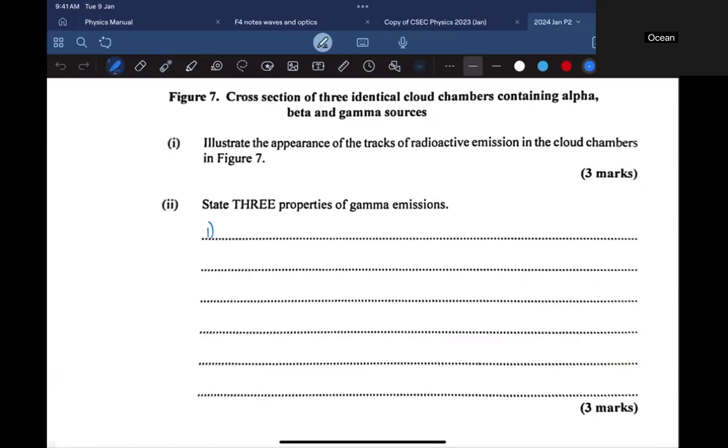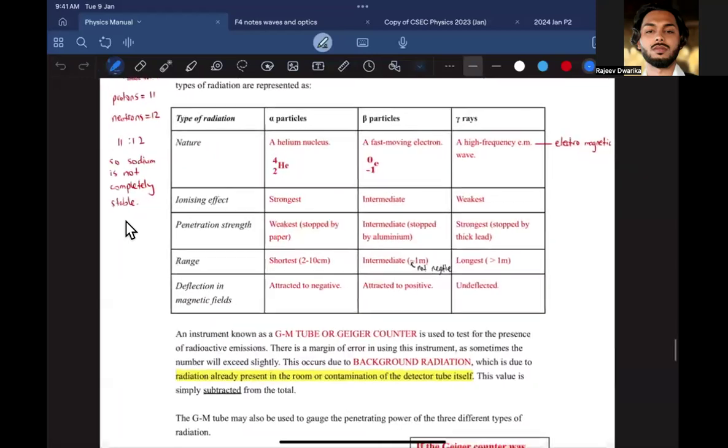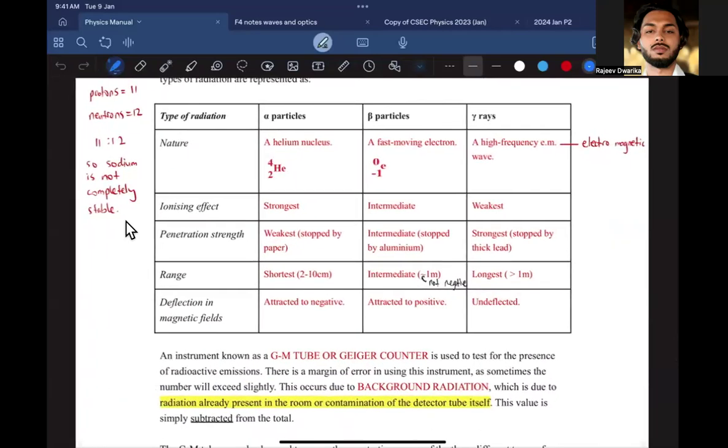Gamma. So you have a high frequency electromagnetic wave. Let me see if we're saying this correctly. The nature is a high frequency EM wave, right? The ionizing effect is weak, penetration strength is strong. Yeah, all of those are valid.